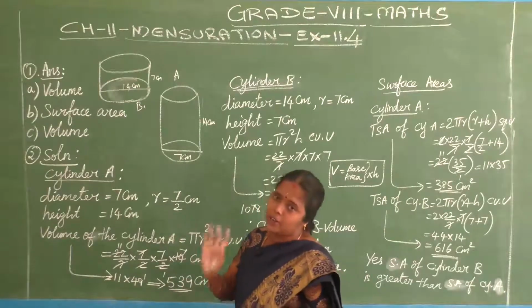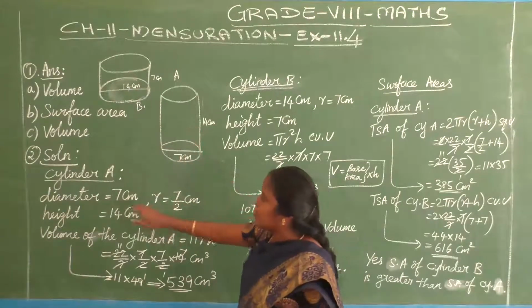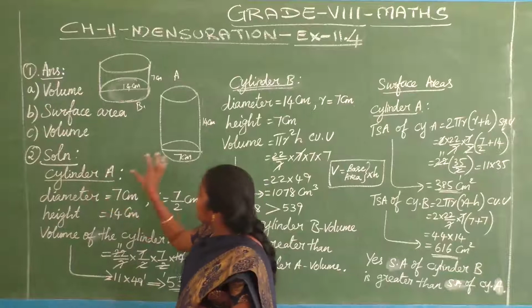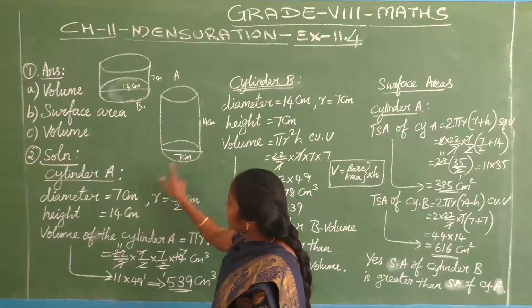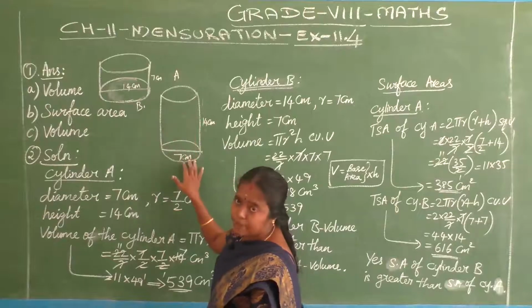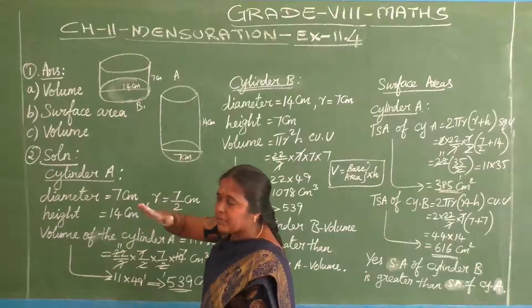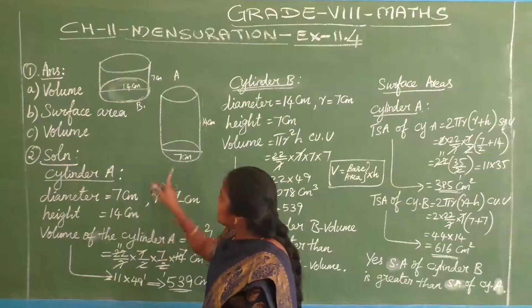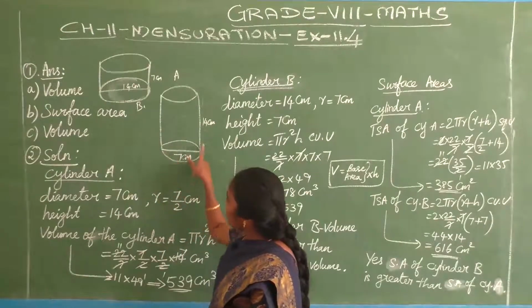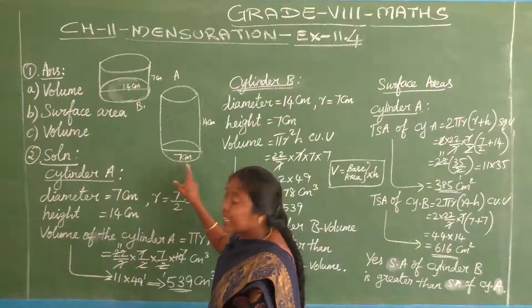We have to calculate. Okay, what is the volume of the cylinder A? Come to here, cylinder A, the measurement they have given, diameter is 7 centimeter. Actually, a cylinder has two flat surfaces, both circular. So a circle has a diameter, but we need the radius.